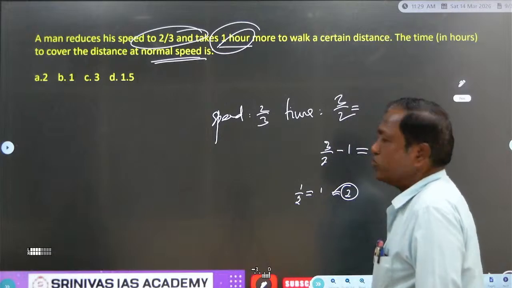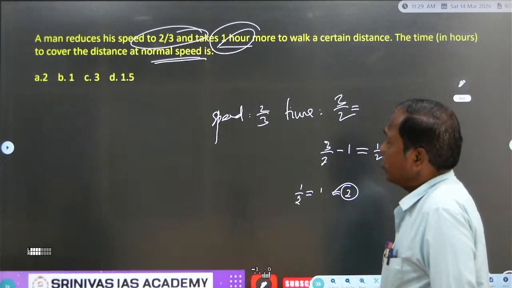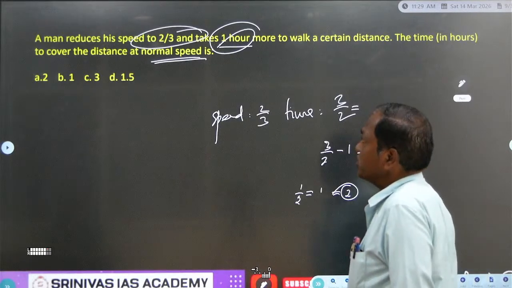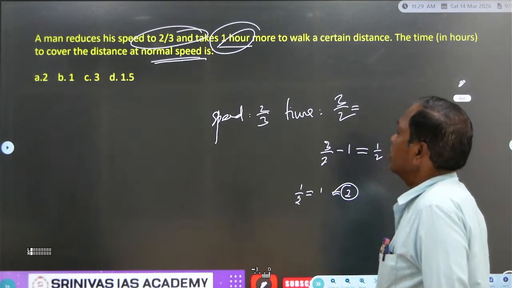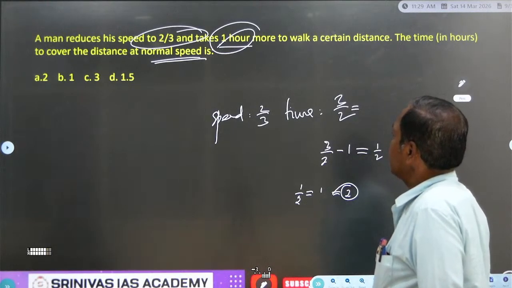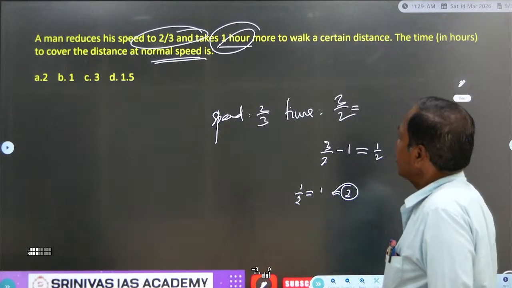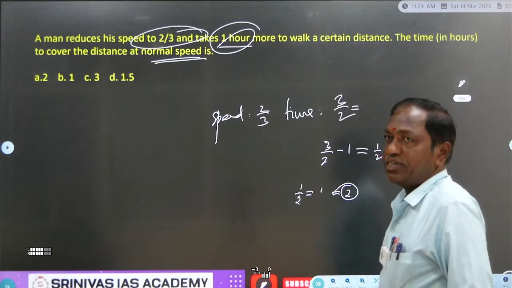What is the option given there? Sir, if it is an improper fraction, then we should do minus 1. Definitely, because that is more than 1.